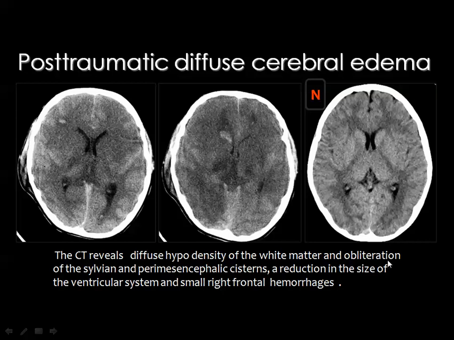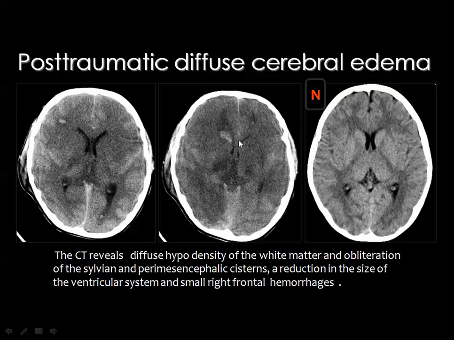Then you look here for the normal scan. These are the ventricles, and you can see the white and the gray matter, and you can discriminate between both. But this is a traumatized brain with diffuse mottled hypodensity of both cerebral hemispheres, with attenuated appearance of the ventricles, with loss of the gray-white matter discrimination in most of the brain tissue.